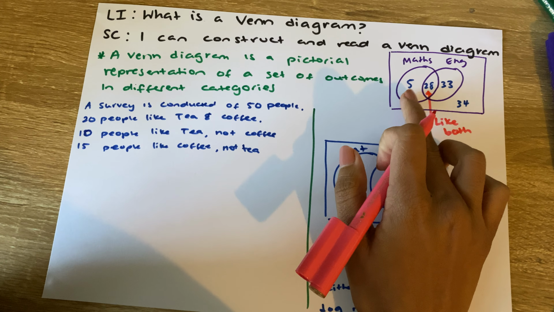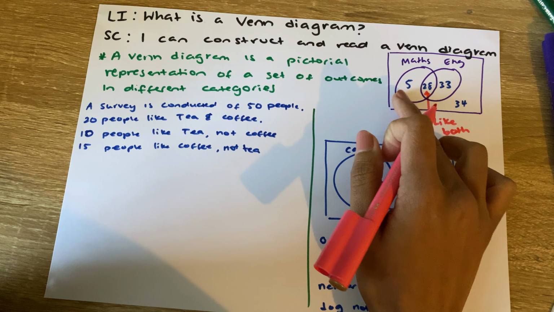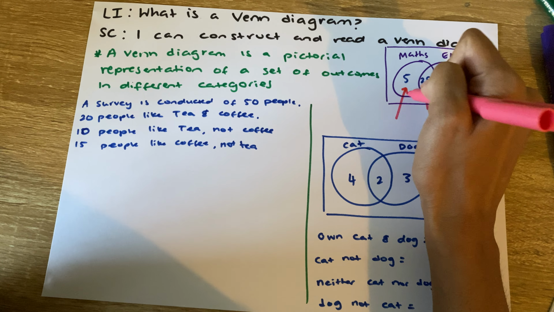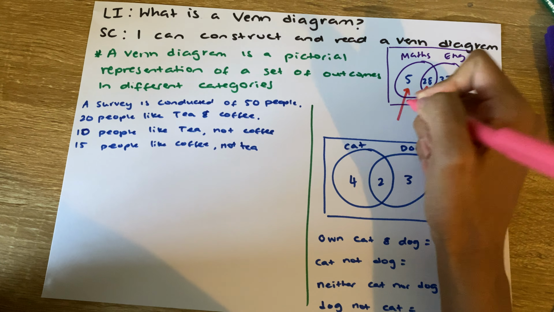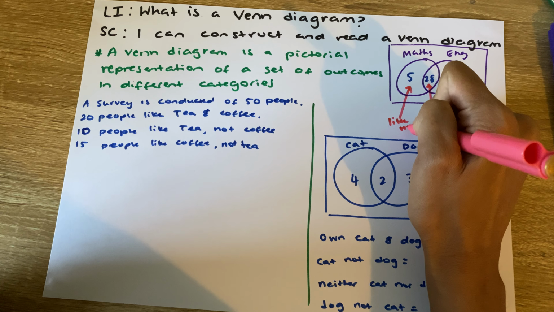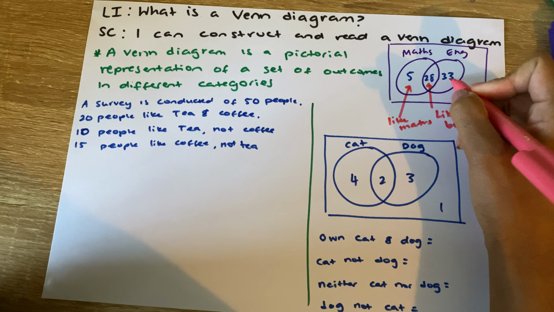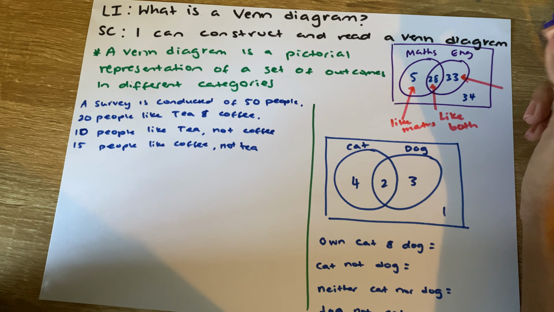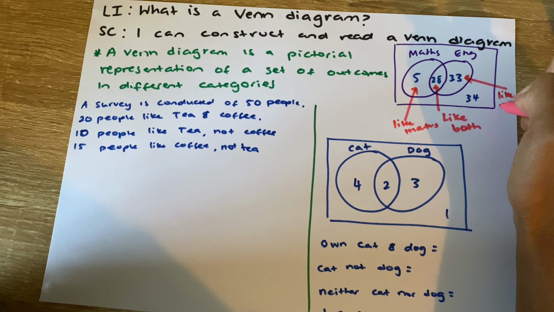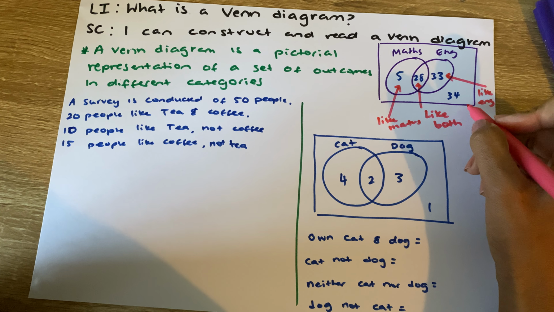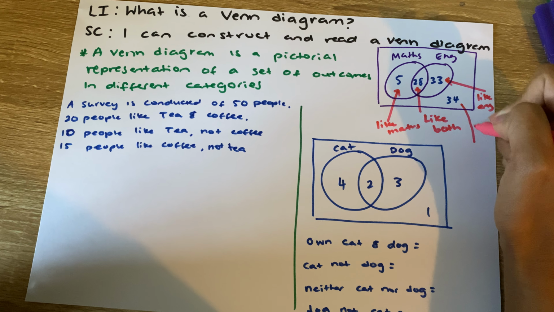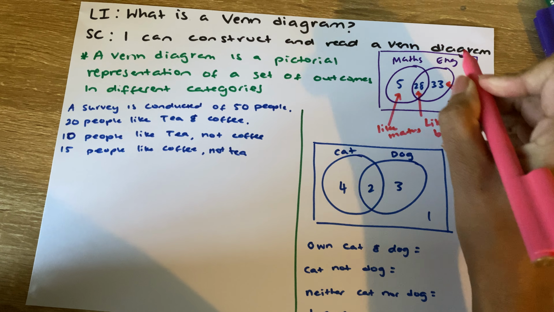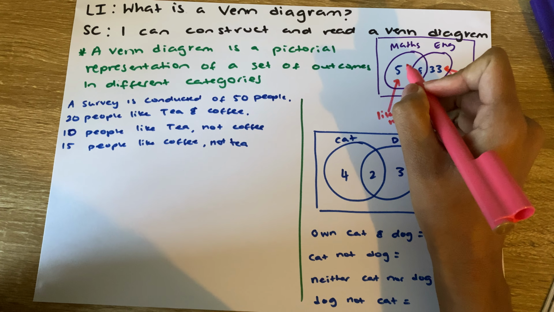The one that's written on its own in here is for whatever category this title is. So this one is just like maths, okay? This one on its own here is for this category here, which is just like English, okay? And the number that's written outside is to show that it doesn't fit this category and it doesn't fit this category.